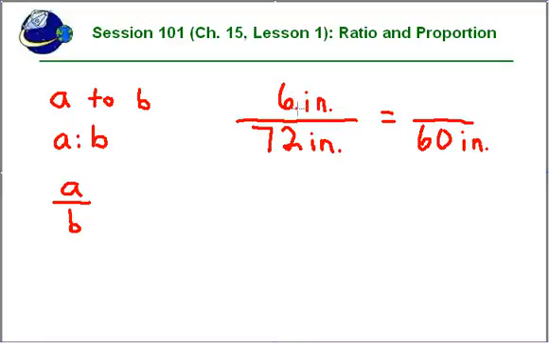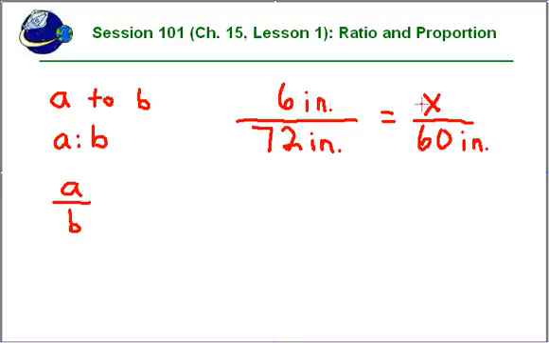So we can actually use this first ratio to find out how tall this person would be in the picture, because these two ratios are going to be the same. They're within the same picture, and the photography shrunk both images at the same ratio. We have a proportion, 6 inches over 72 inches.